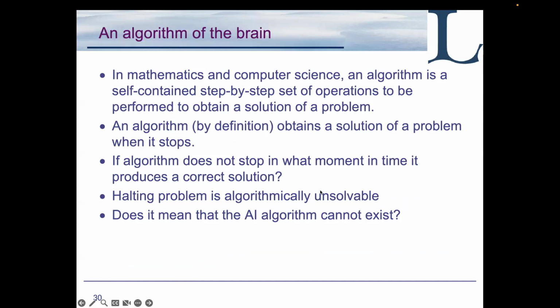But this is something that is not fully understood yet in the domain of AI, even with the existence of Gen AI and such. As we talk about a continuous problem, we are talking about algorithmically unsolvable problems. So can we achieve AI in this case? Well, that's a big question.